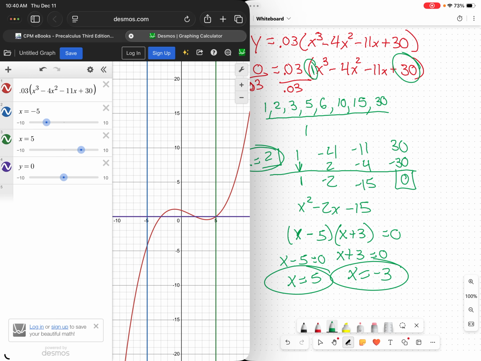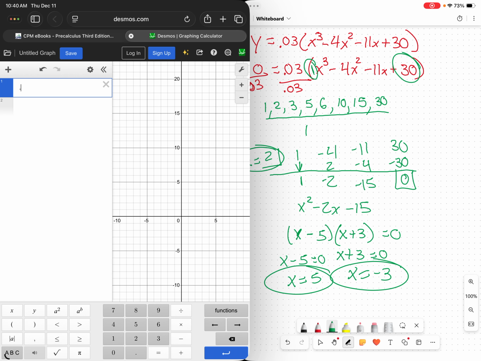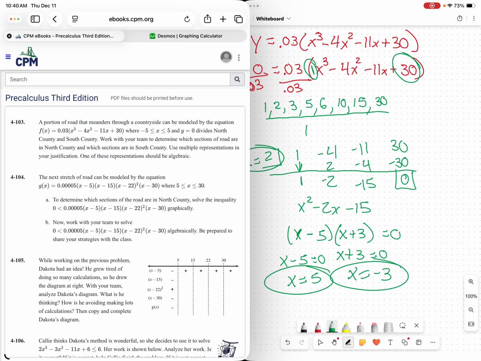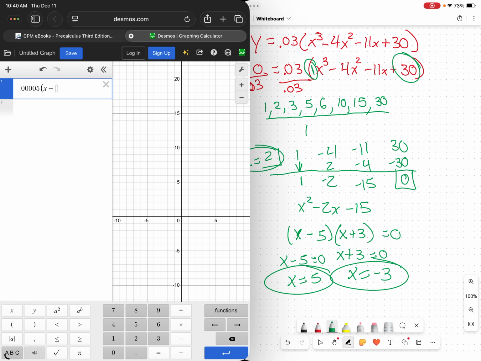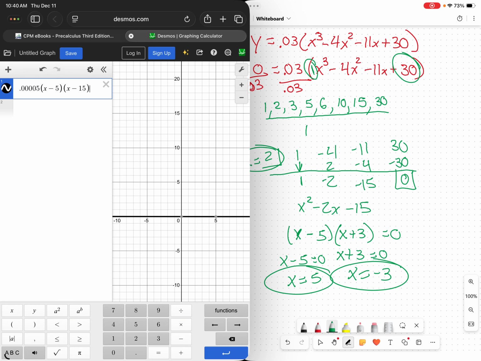There's a 4 zeros and a 5, and then there's parentheses x minus 5, parentheses x minus 15, and then x minus 22 squared, and then I think x minus 30 is the last one.